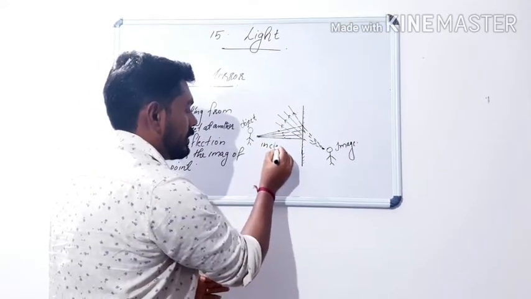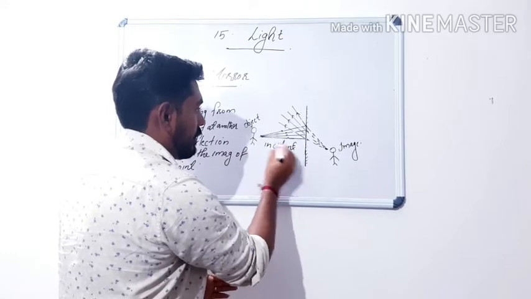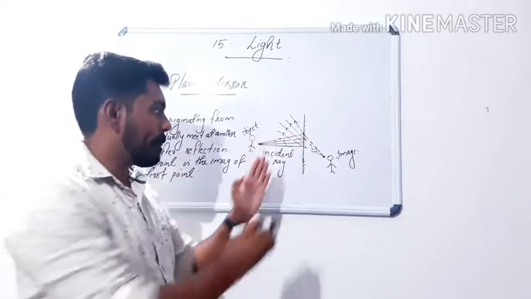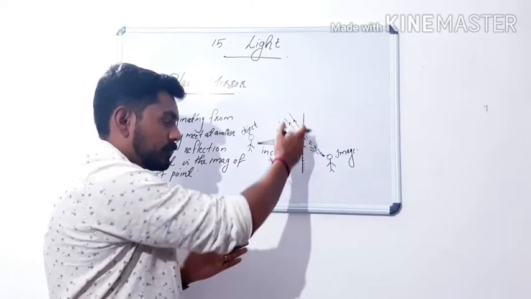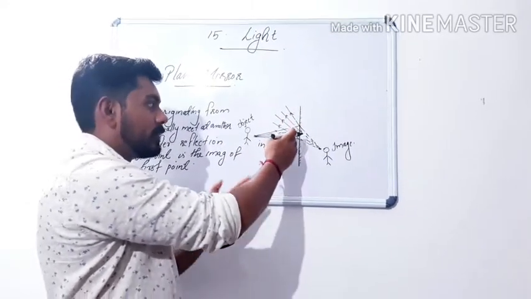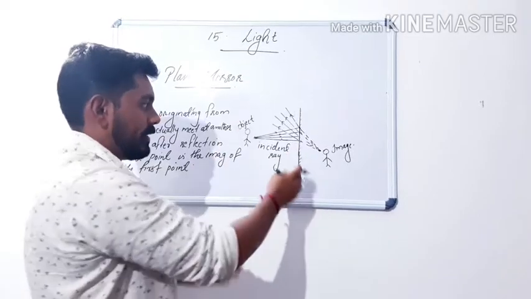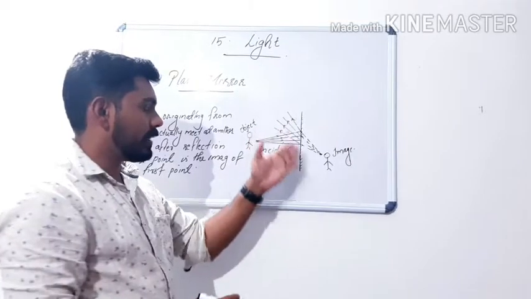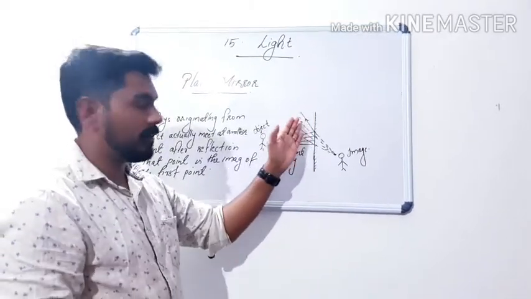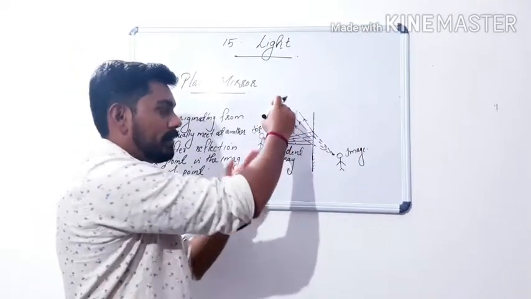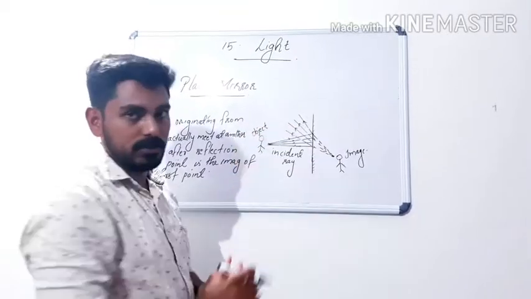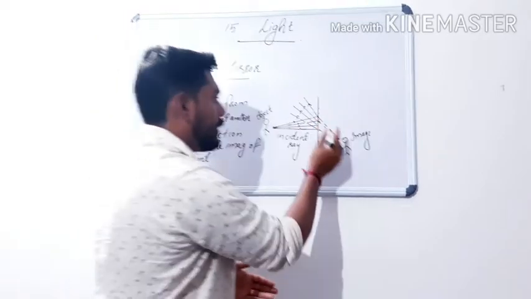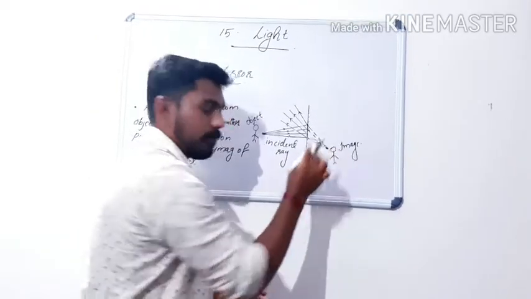This incident ray strikes the smooth shiny surface and is reflected back, it bounces back. Here you can see that these rays would never meet each other. They are actually diverging.